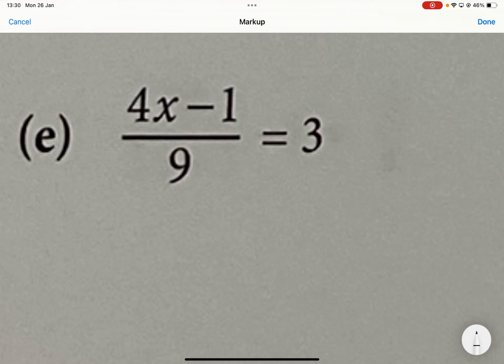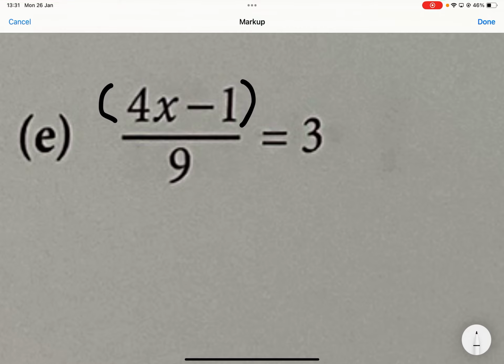We have more than one term in the numerator. Instead of just one term, I have 4x, I have minus 1. Elijah, what is the first thing to do? Bracket. I must bracket my numerator together. Remind myself they belong together. I cannot deal with them separately.